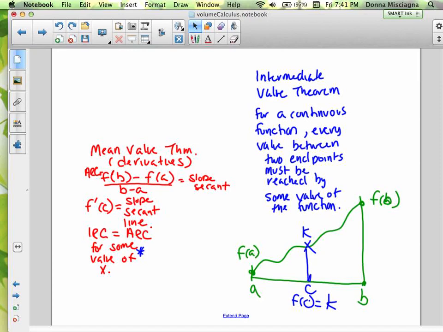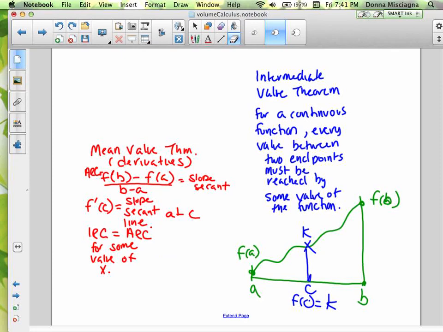So at c here, whatever c is, f prime of c equals the slope of the secant line. In other words, our instantaneous rate of change equals the average rate of change for some value of x, if we are a continuous function.